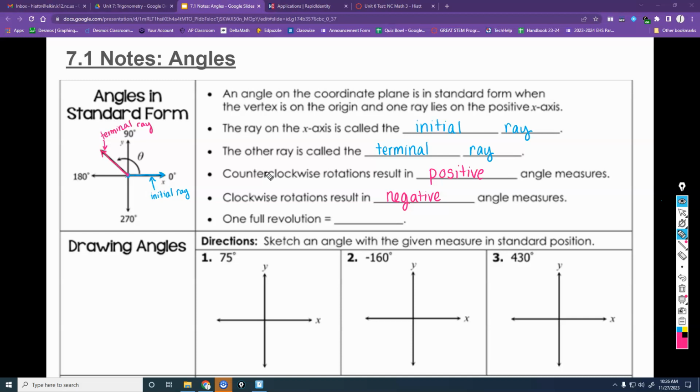If you think about the second hand as it goes around, it's making a circle. So one full revolution is going to equal 360 degrees.